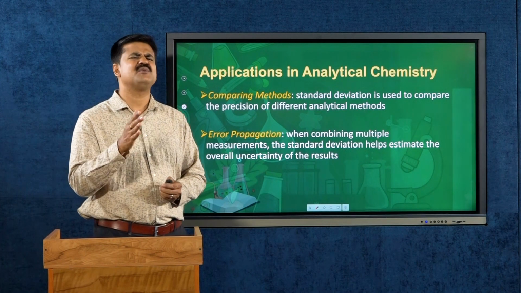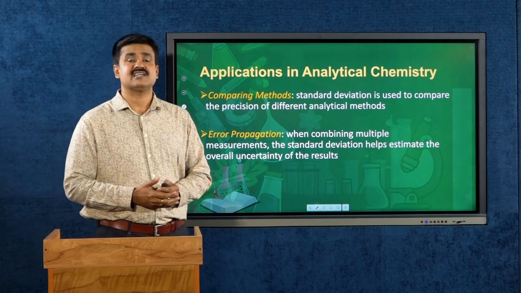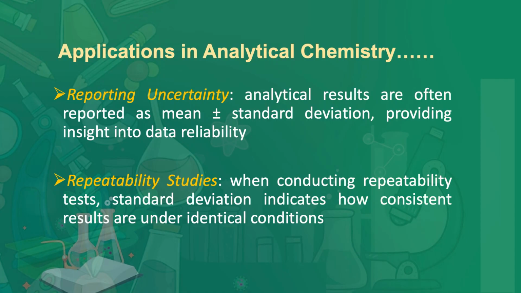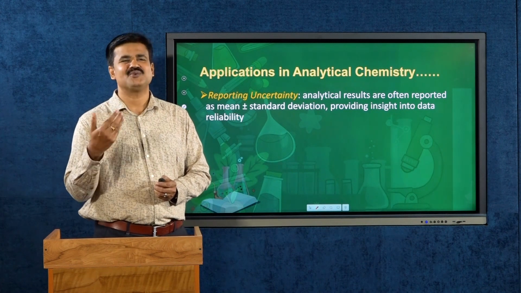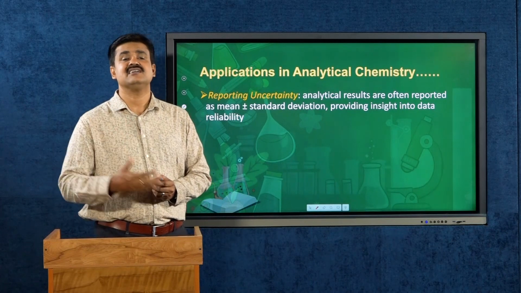That is, it is possible to evaluate the error propagation by using the concept of standard deviation. Now, reporting uncertainty. Analytical results are often reported as mean plus or minus standard deviation, providing an insight into data reliability. So, standard deviation can be used to express the uncertainties in reporting the measurements.